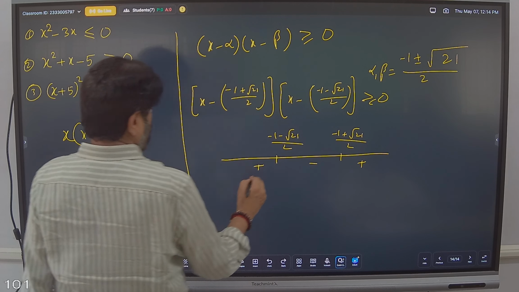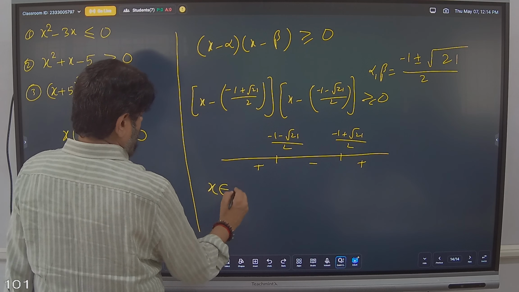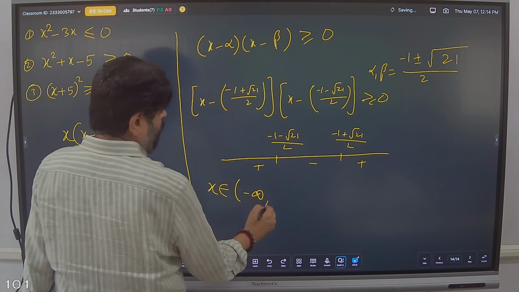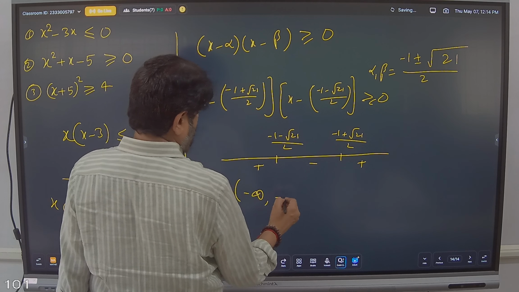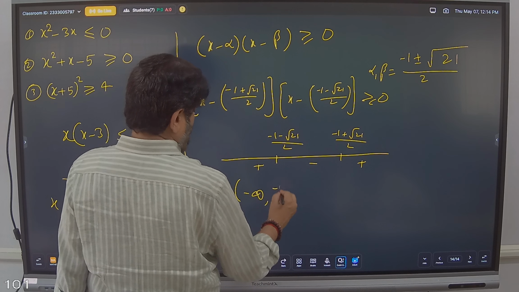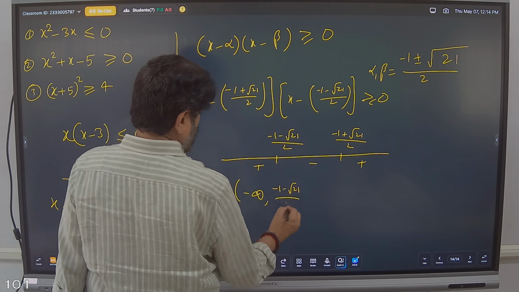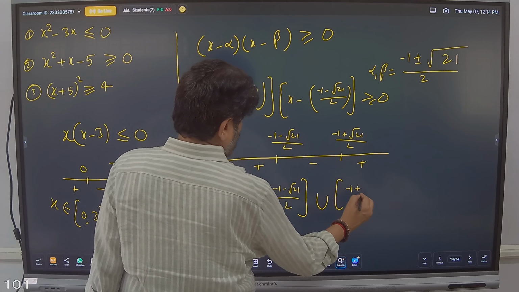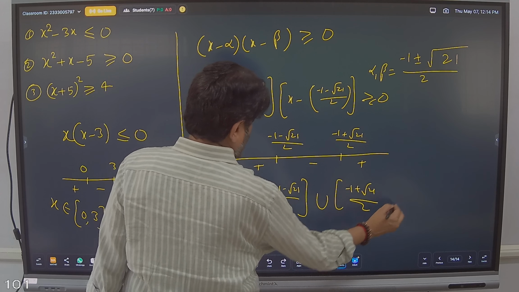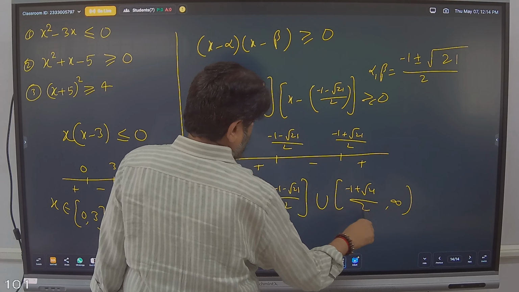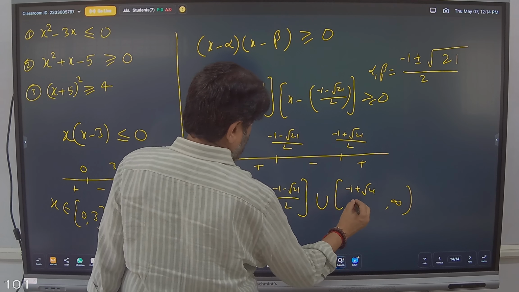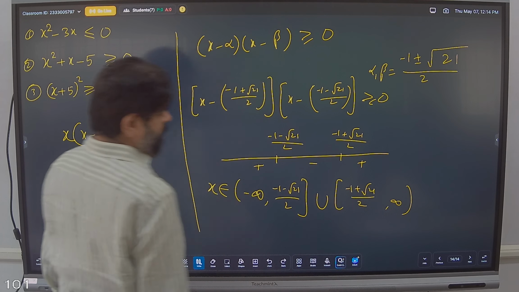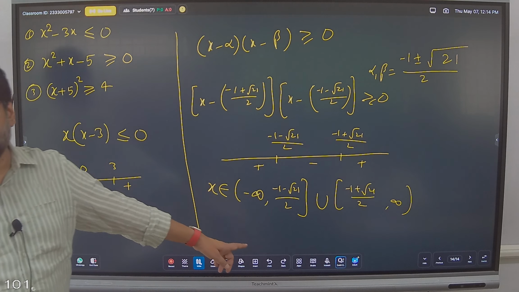Positive, negative, positive. We want positive. x is an element of minus infinity to (minus 1 minus root 21)/2 closed, union closed (minus 1 plus root 21)/2 to infinity. How many of you got this answer?